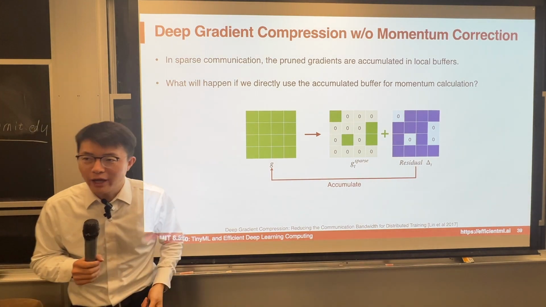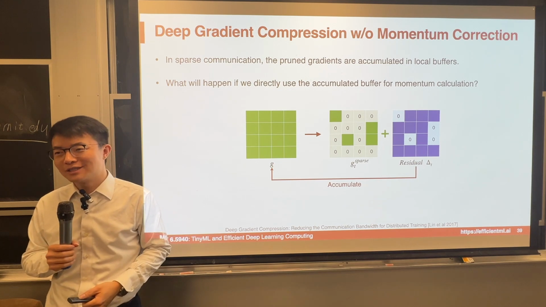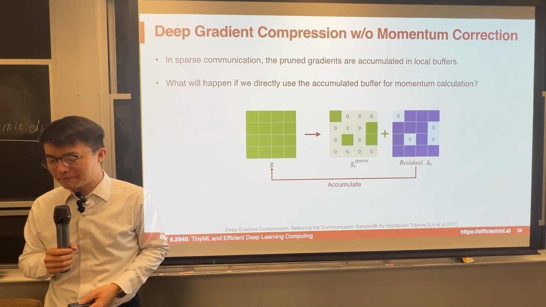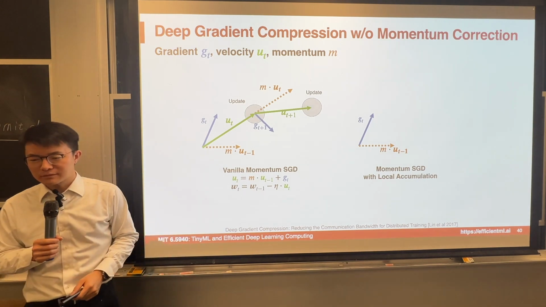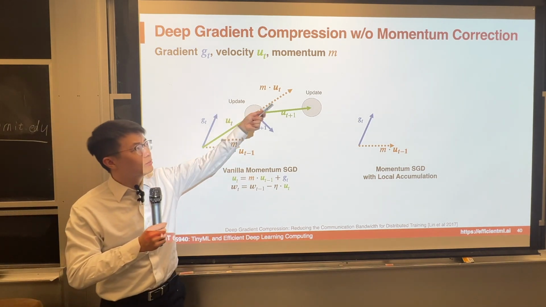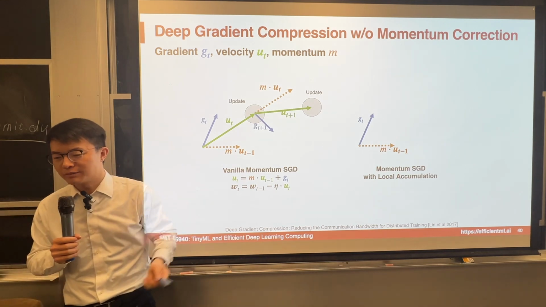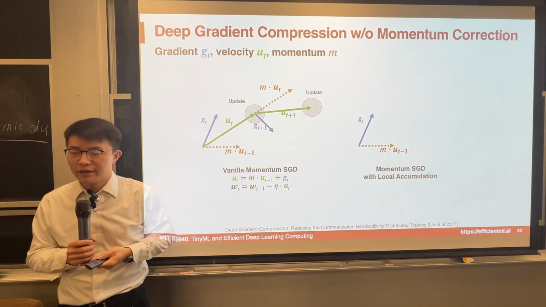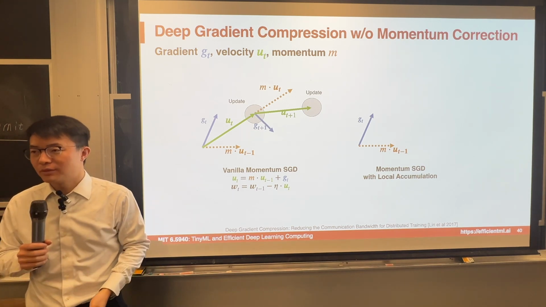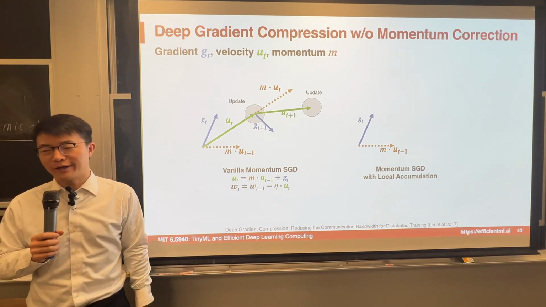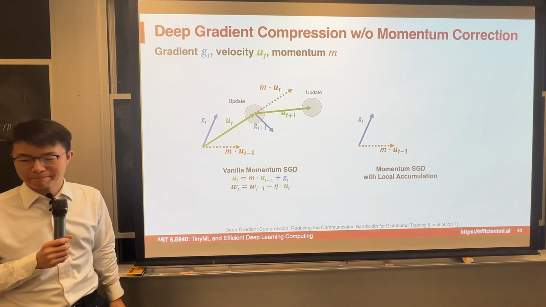But is it correct that we accumulate the gradient rather than accumulate the velocity? Let's see it from the animation here. If we don't do any momentum correction when applying deep gradient compression to prune those gradients and accumulate the gradients locally, if it is small, what will happen?